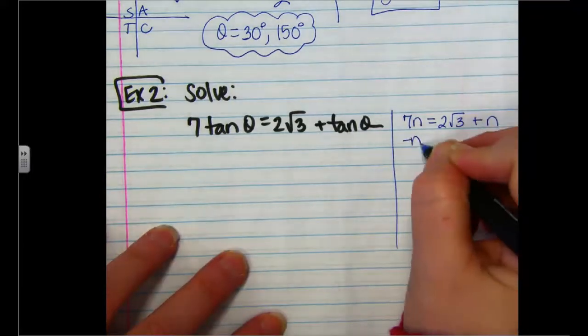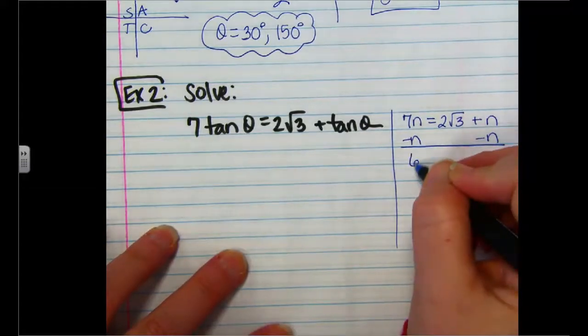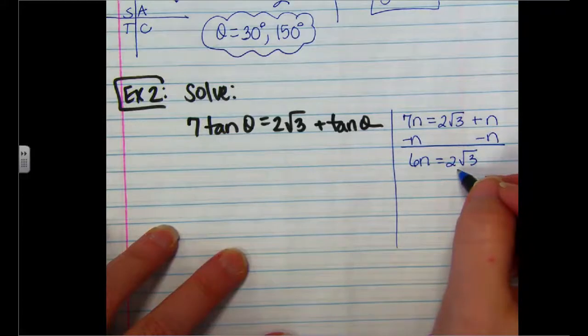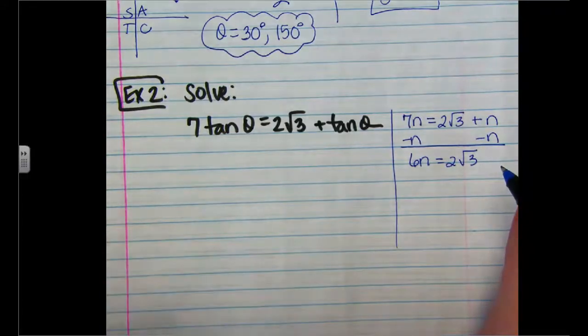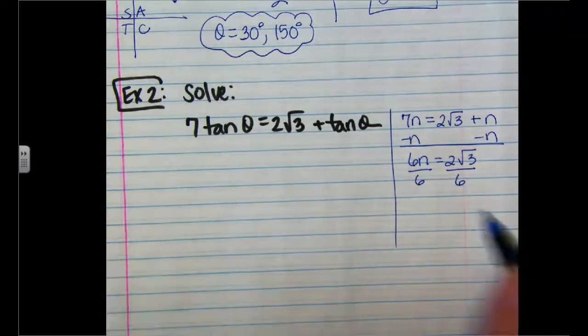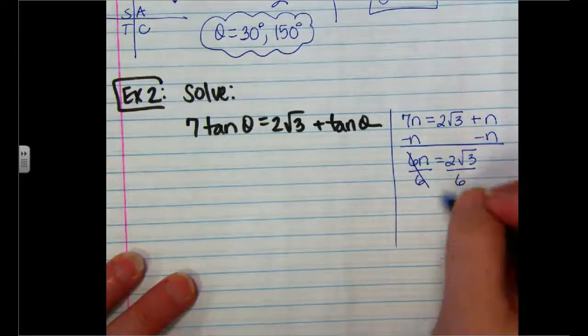We need to get the n's together, so I subtract n from both sides. 6n is 2 root 3. Get n alone by dividing by 6. And n, when I reduce, is going to be root 3 over 3.